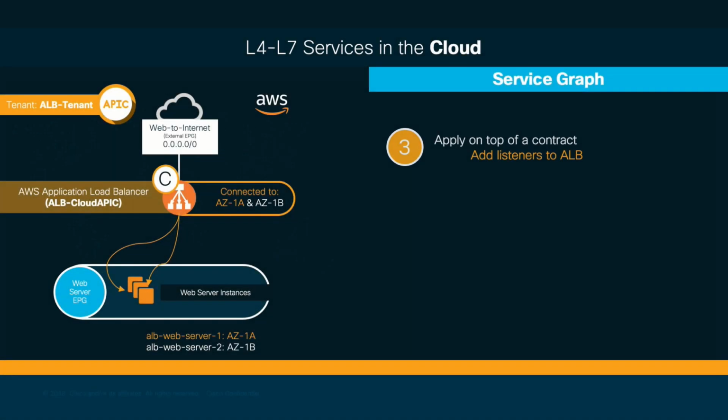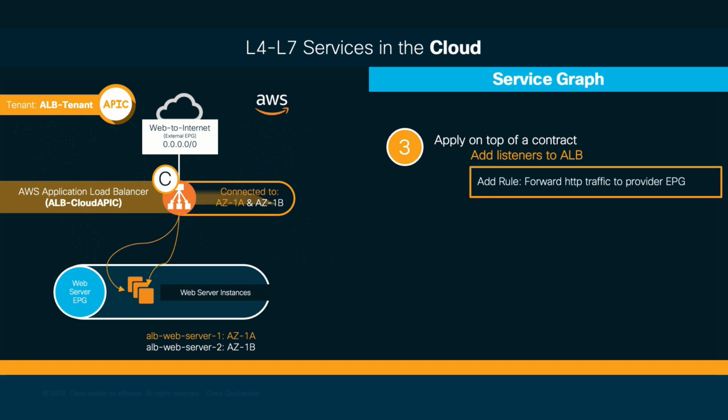The third step is to apply our service graph on top of a contract and add listeners to our ALB. These are forwarding rules the ALB interprets in order to forward traffic to the real servers. In our case, we will want the ALB to automatically forward traffic to all the servers in the web EPG.